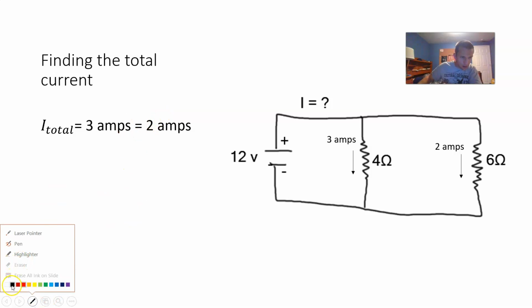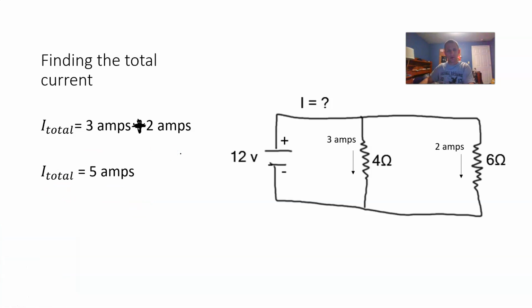It's a terrible looking plus, but we're going to stick with it. 3 amps plus 2 amps is going to give us 5 amps of electricity. The current will be 5 amps moving through this first part of the wire.